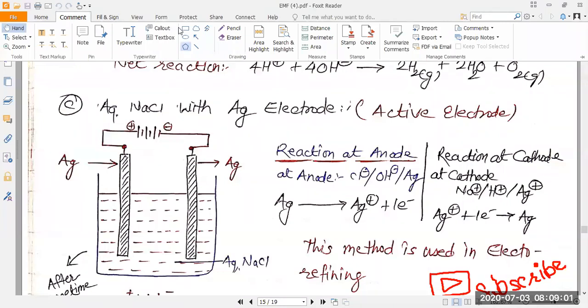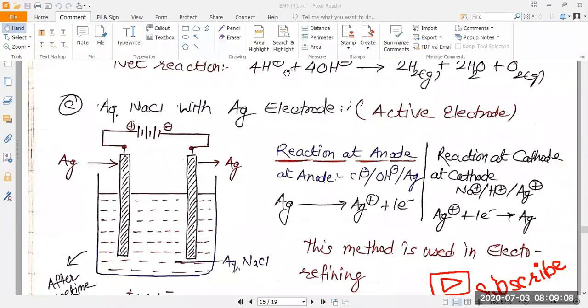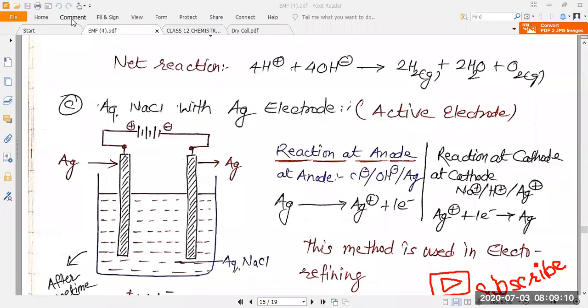Silver electrodes are active electrodes, so they also participate in the electrolysis process.